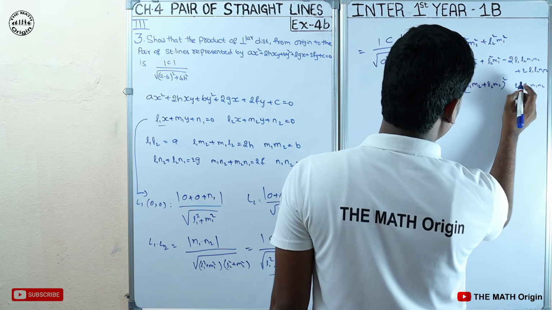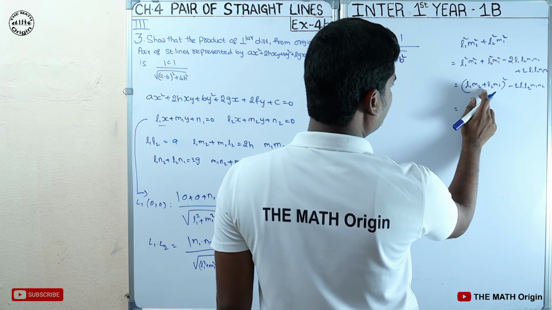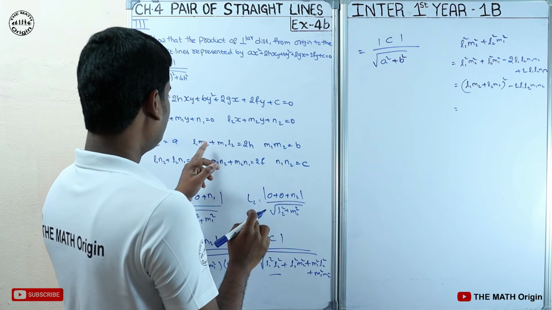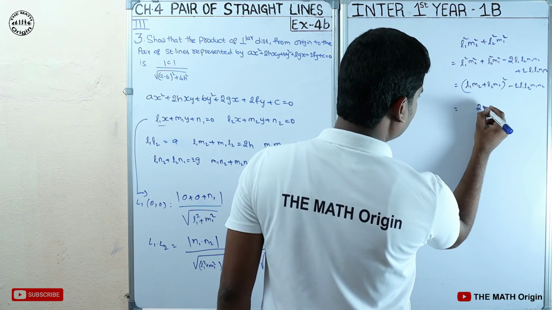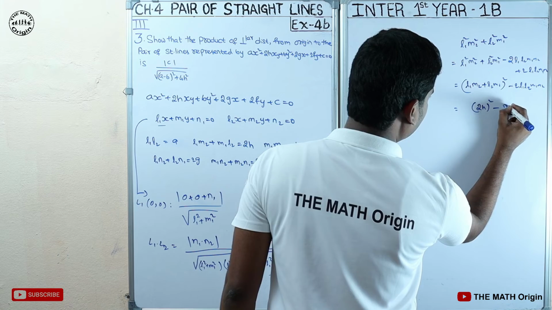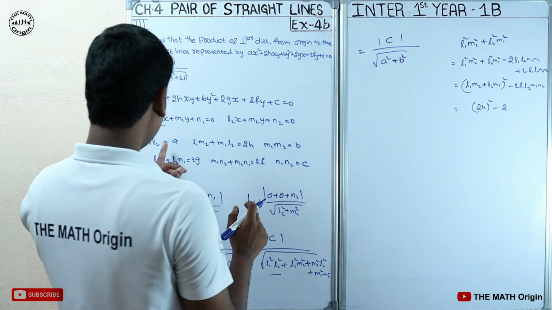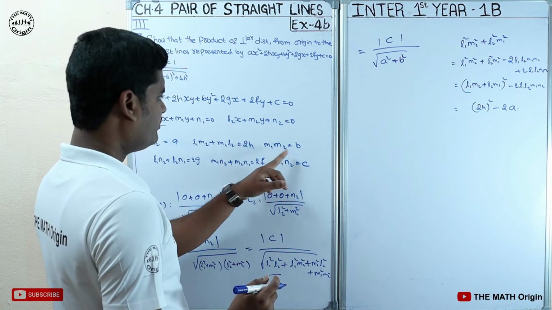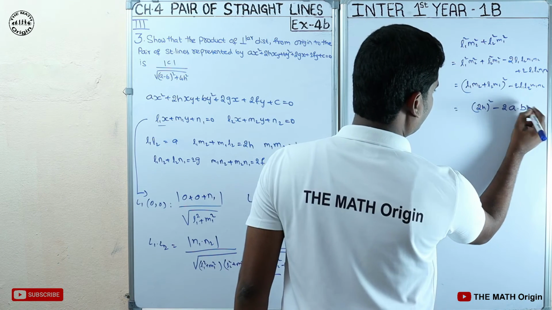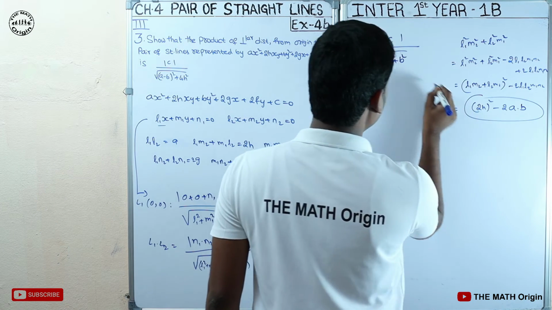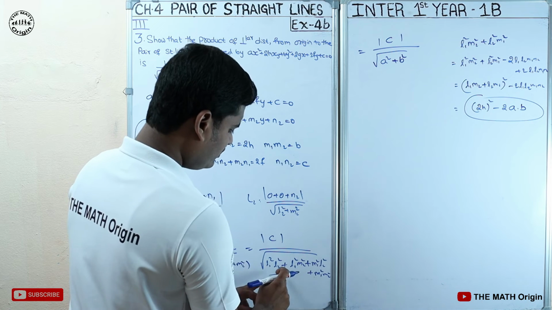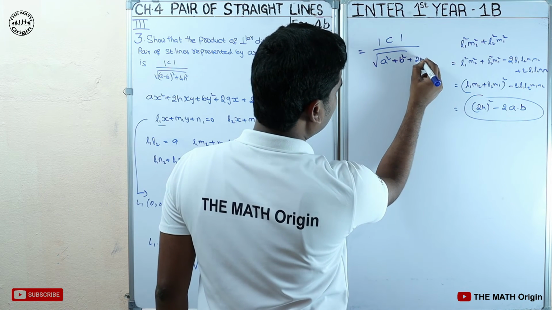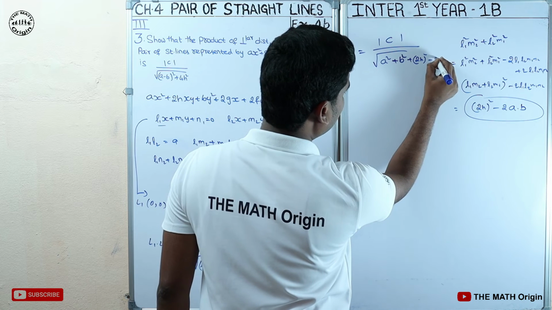So L1 M2 plus L2 M1 is 2H whole square minus 2 L1 L2 is A and M1 M2 is B, 2AB. So this value I will write in place of plus this value: plus 2H whole square minus 2AB.